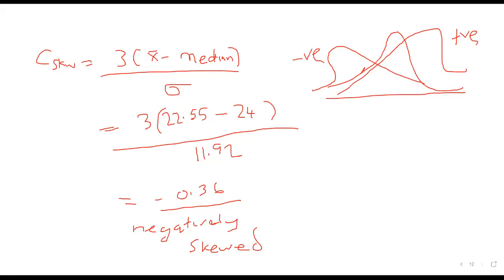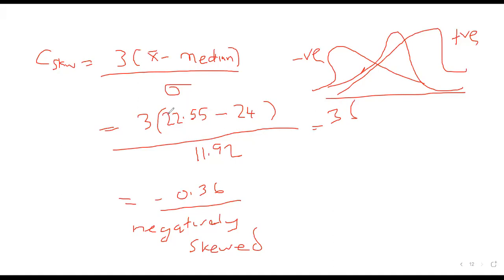I'm not getting 0.36 when I compute. I don't know if I'm doing it the wrong way. If you don't use brackets, it will be wrong. So 3, open brackets, put it directly.